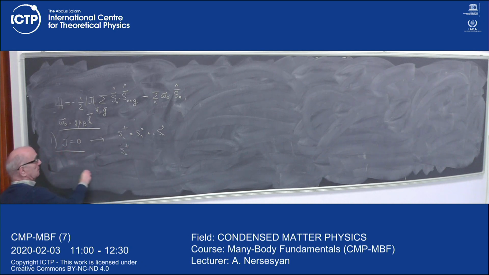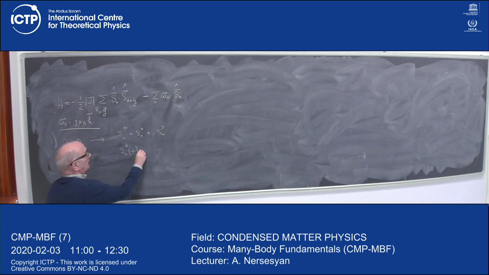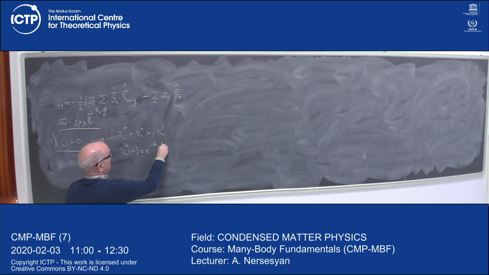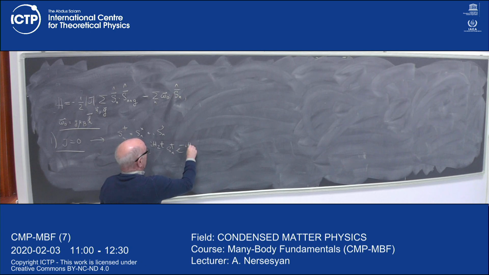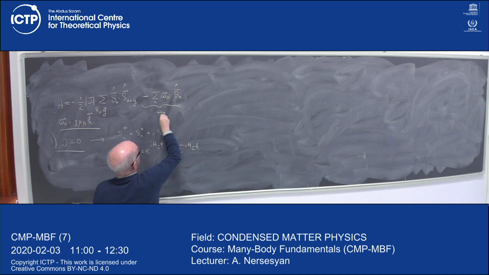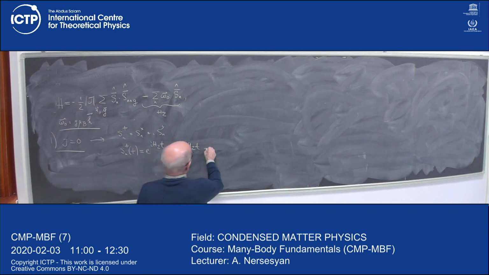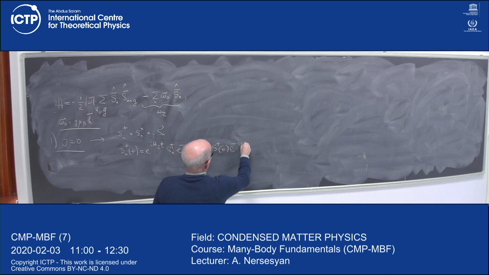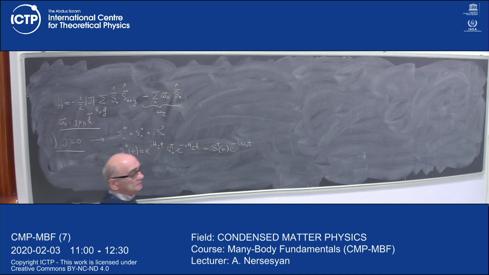So what we do next, we build up this operator in the Heisenberg representation, e^{iH_z t} S_n^+ e^{-iH_z t}. This is H_z, the Zeeman energy. It's the Hamiltonian with the minus sign included, right? And if you do this, you will find this is the initial value of this operator times e^{-i omega naught t}. This is how the dynamics looks like.